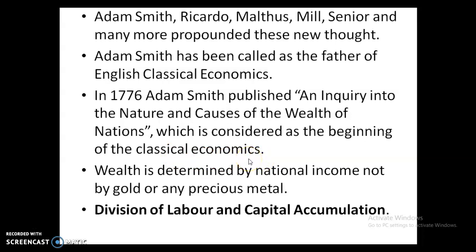In this book, Smith emphasized that wealth is determined by the national income, not by gold or any other precious metal.